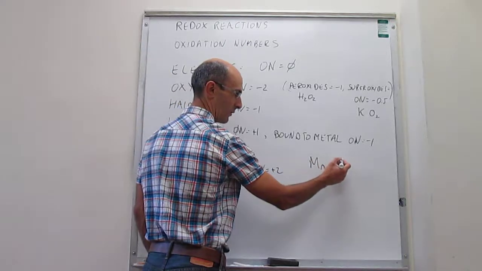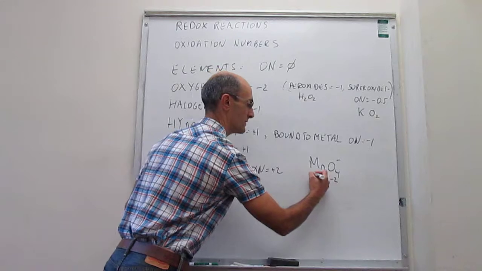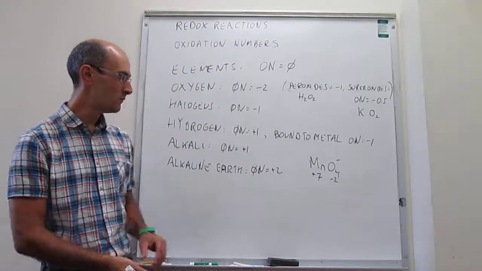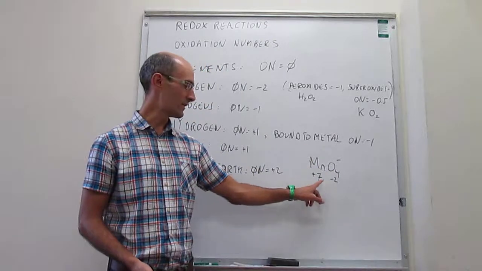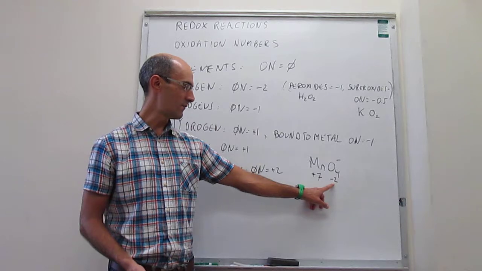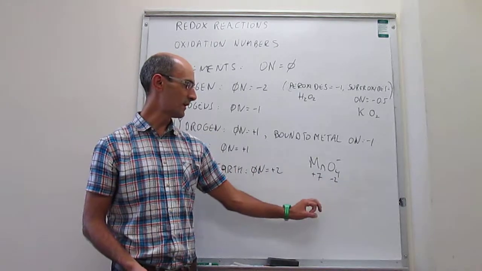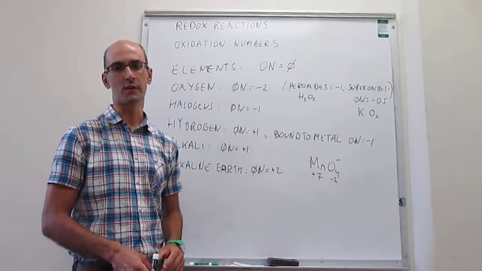Now, here we have a negative charge, so if we attribute an oxidation number of +7 to manganese in that compound, the total sum of oxidation numbers is equal to -1. +7, and then -2 times 4 is -8, so +7 -8 gives a total oxidation number sum of -1, and that agrees with the charge of the compound.